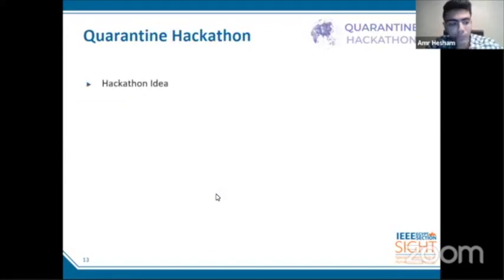So let's get started with the idea. As you know, nowadays COVID-19 and quarantine decisions, lockdowns, and the like were the motivation for us to start thinking about a new idea to gather applications from students and professionals for fighting the COVID-19, quarantine, and lockdown crisis.